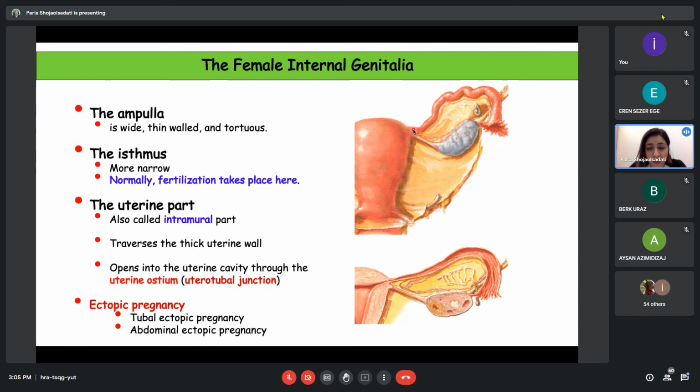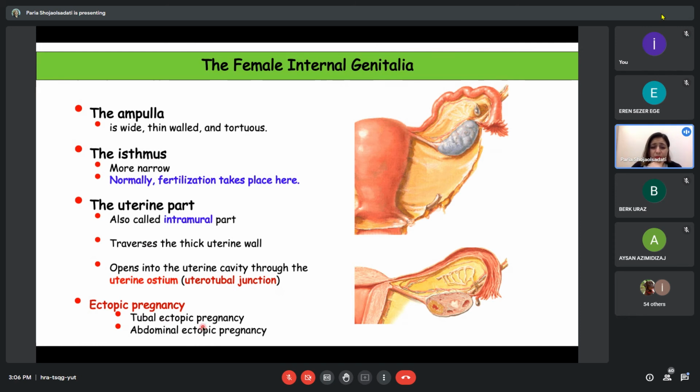It is the site where the internal cavity of the tube continues to connect with the internal cavity of the uterus. It opens to the uterine cavity through the foramen named the uterine ostium or uterotubal junction. Here is named the uterine ostium or uterotubal junction.